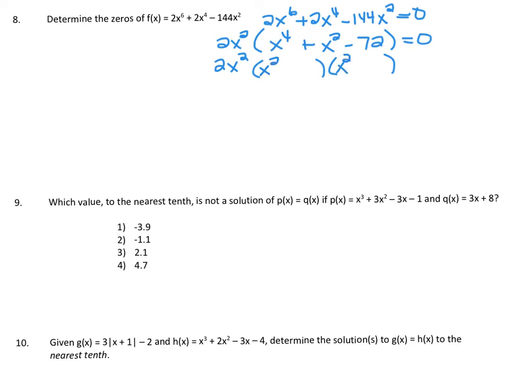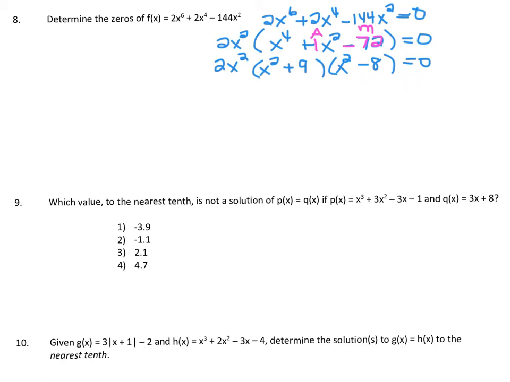And then I'm just going to come up with 2 numbers that add to positive 1 and multiply to negative 72. Okay, so that's going to be positive 9 and negative 8. And let's bring down the equals 0, because if it starts off as an equation, you have to keep it an equation the entire time.